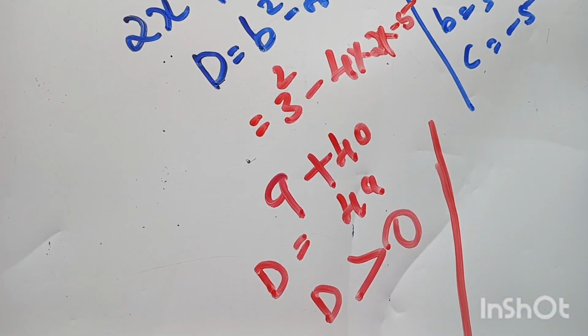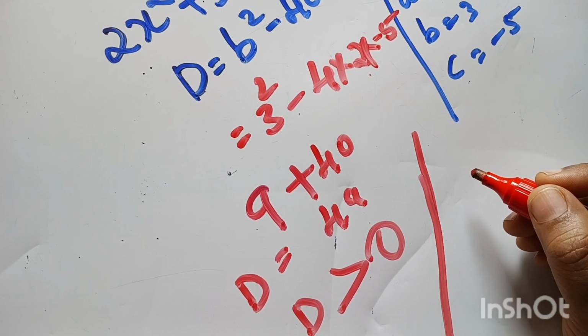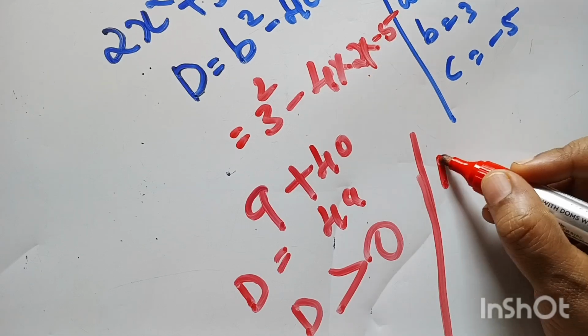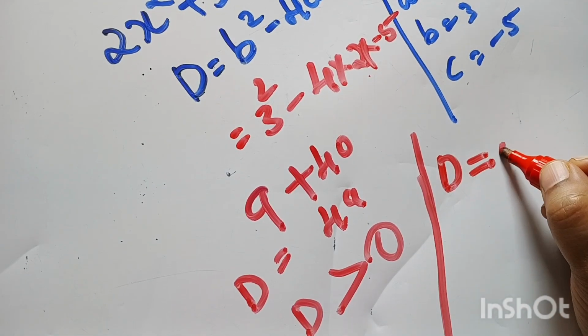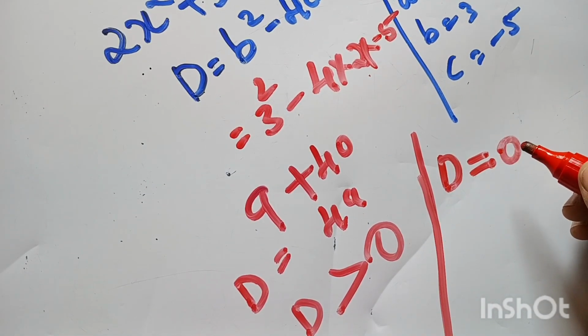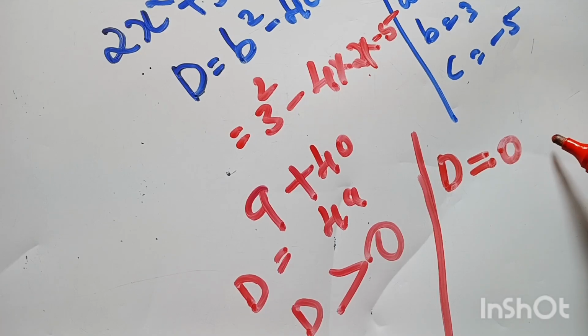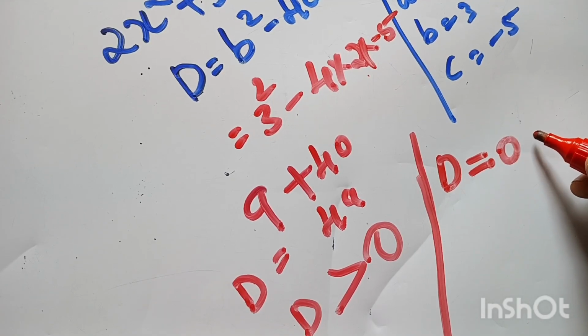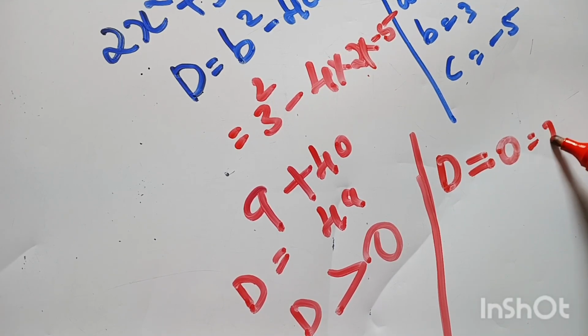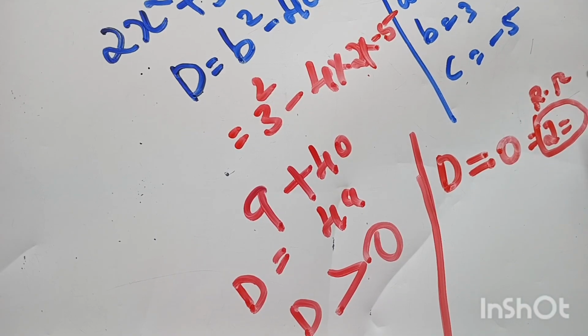So here we have rules for when the discriminant is greater than 0, equal to 0, or less than 0. When the discriminant is equal to 0, we get two equal real roots.